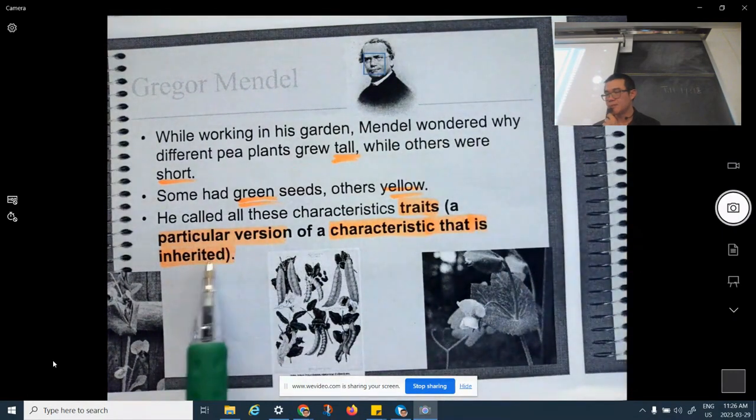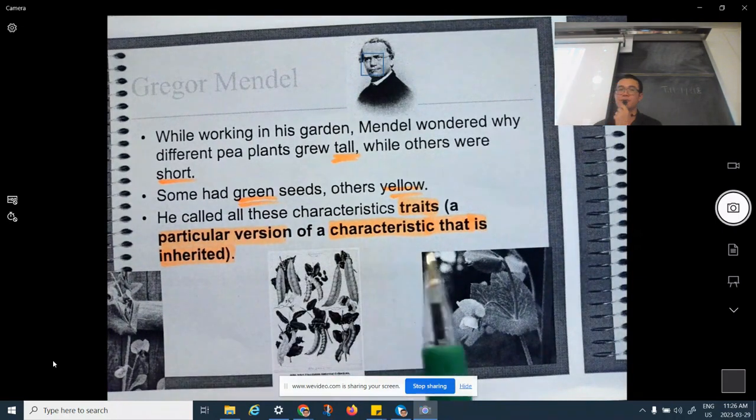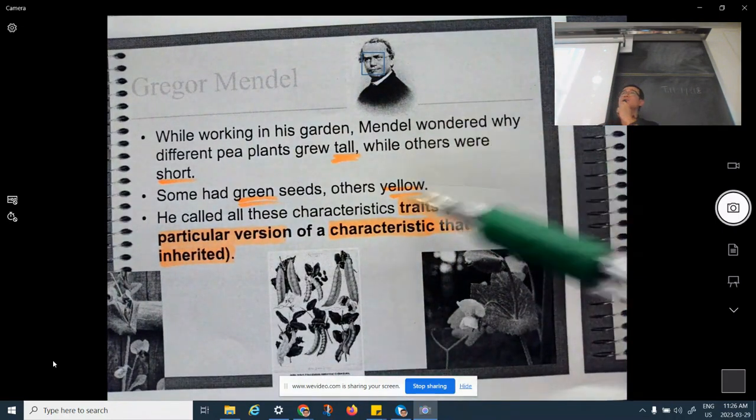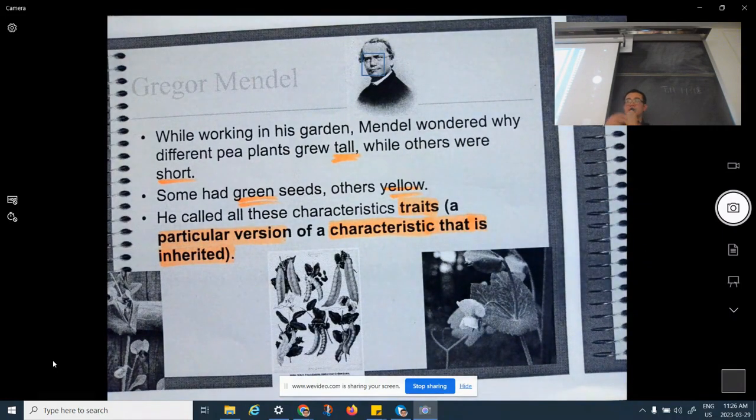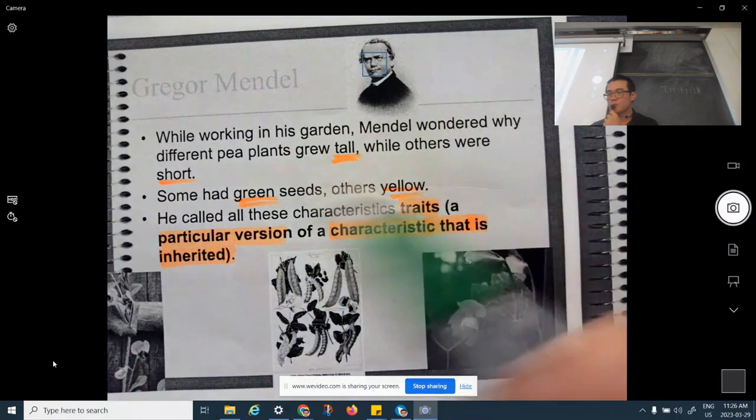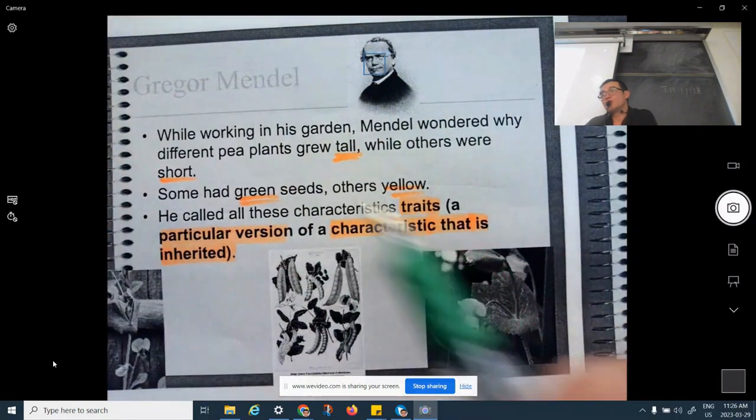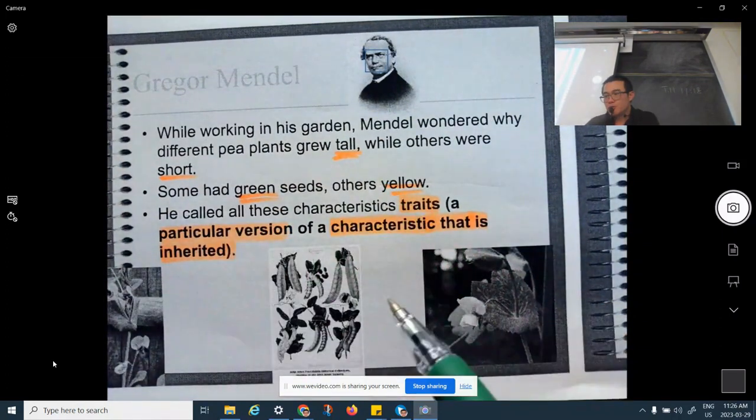So a trait is the particular version of a characteristic. Let's go back to this example here. He was working on peas. He noticed some of them are tall, some of them are short, some of them have yellow seeds, some of them have green seeds. Those are different versions of those traits.